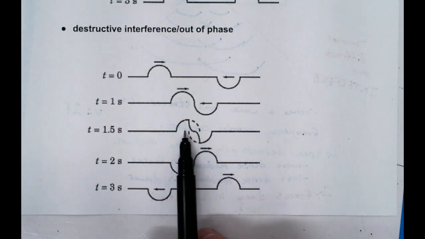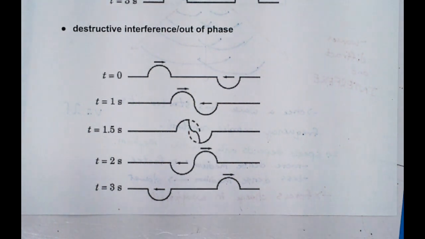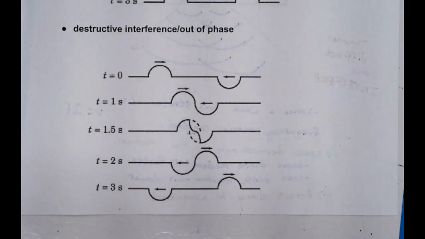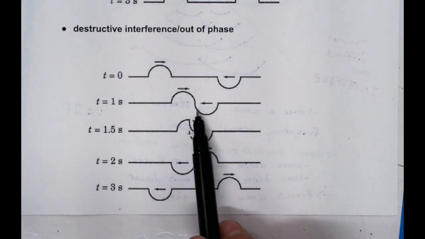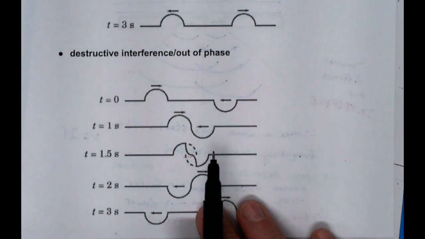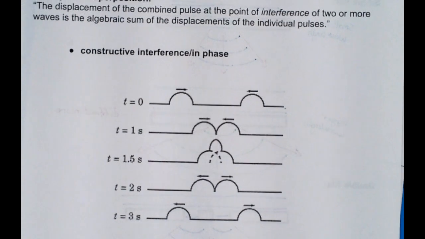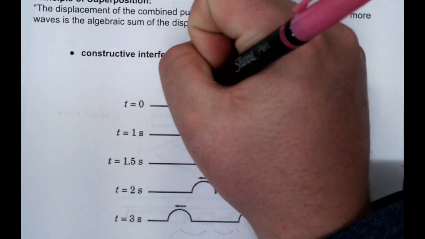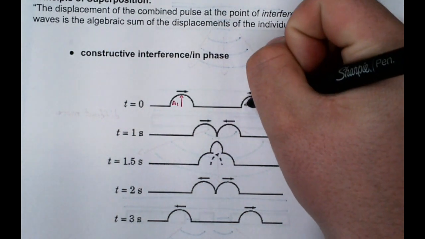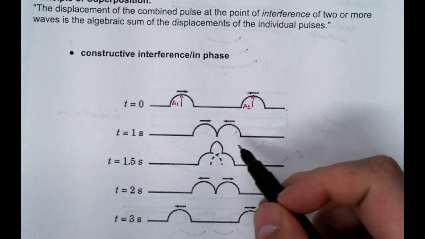As those two move together, you would have amplitude 1 and amplitude 2. And when they overlap, you're going to have twice the amplitude, or you're going to have amplitude 1 plus amplitude 2. You get the sum of them together until they pass, and now they go back to being their original and own amplitudes.